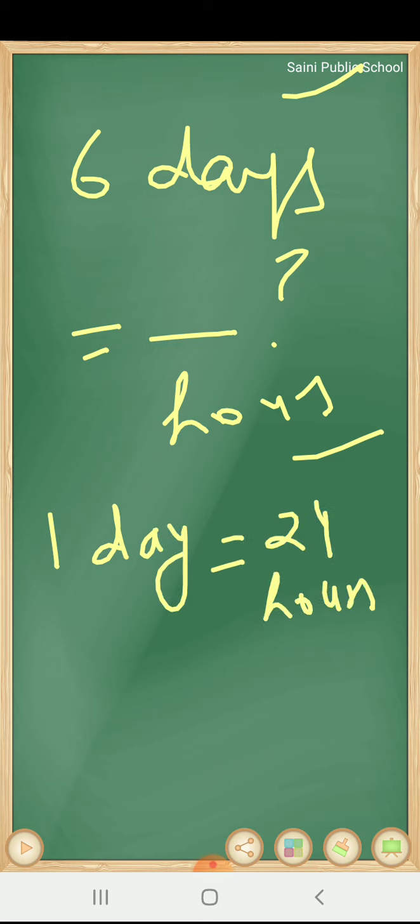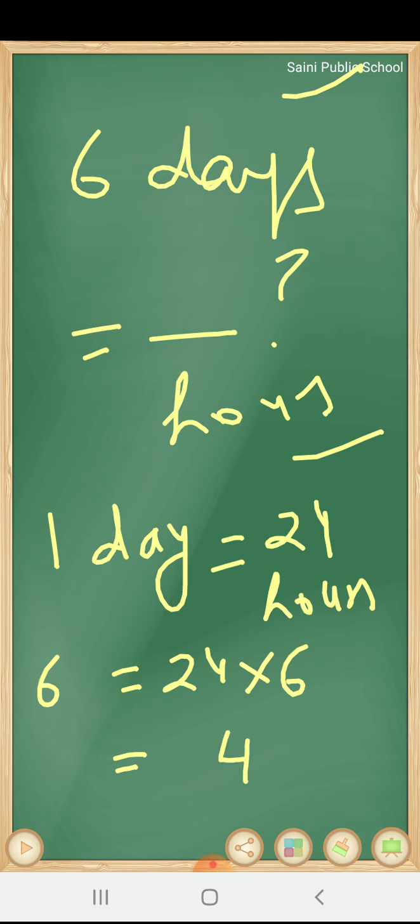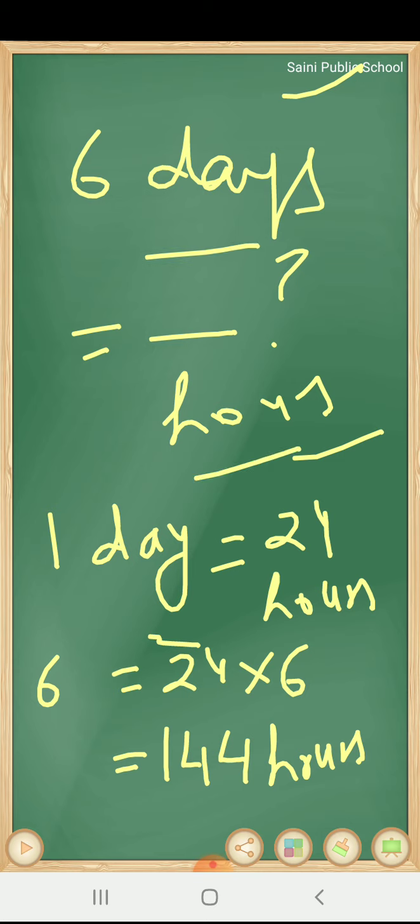Now how many hours in 6 days? 24 into 6. 6 fours are 24, 2 carry, 6 twos are 12 plus 2, 14. So 144 hours. For converting days into hours, we multiply the number by 24.